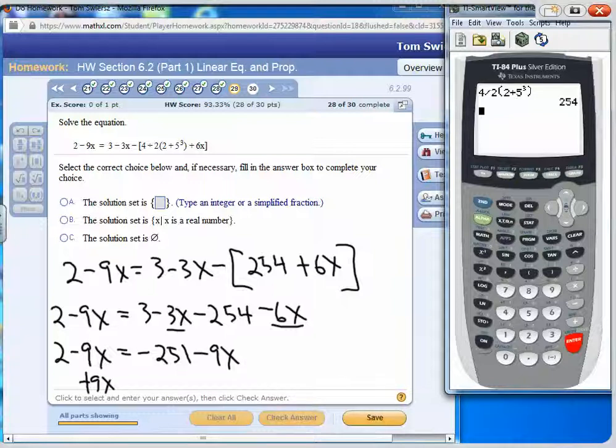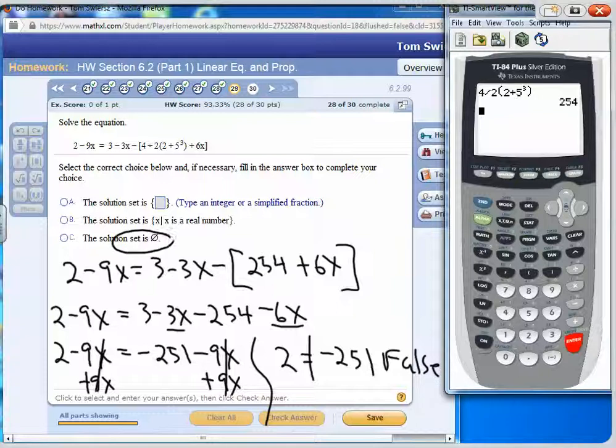Add 9x to both sides, and they cancel, and you get what? 2 is equal to a negative 251. Again, on both sides, the variable cancels. We get one number equals a different number. It's never true, so it's always false. So the answer is the empty set.